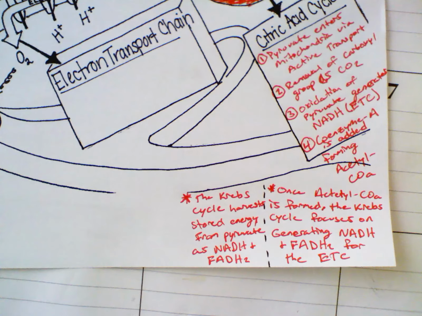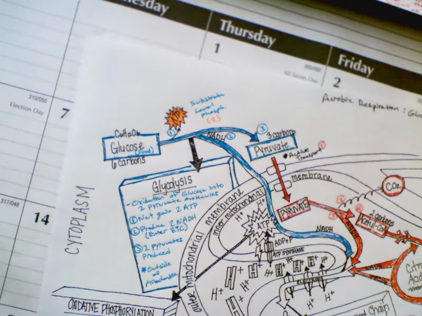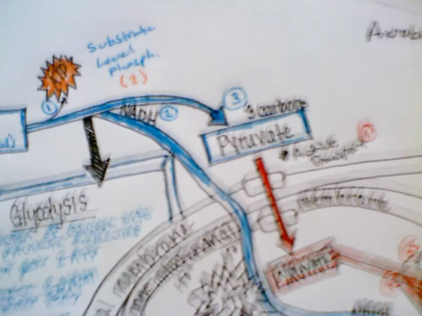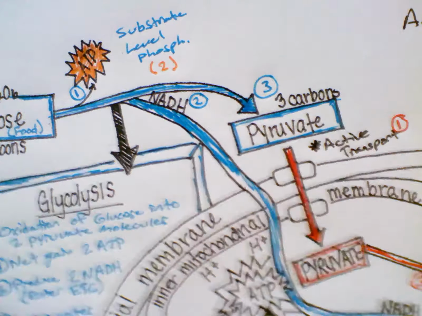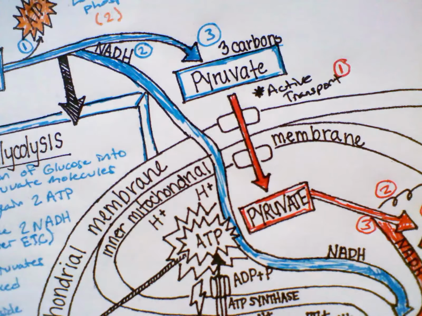So what do we have now? If we were to zoom out and just kind of look at where we're at, we have taken glucose, we have broken it down into pyruvate, generated a little bit of ATP along the way, but not much. Because we're going to have to spend some more ATP to get the pyruvate into the mitochondria anyway. Yes?